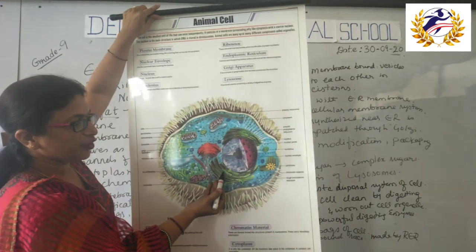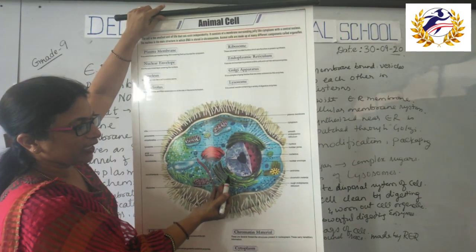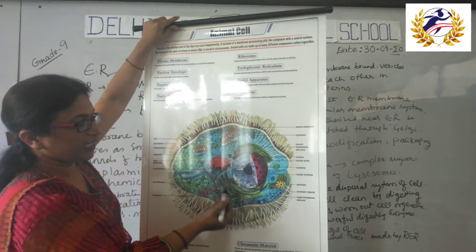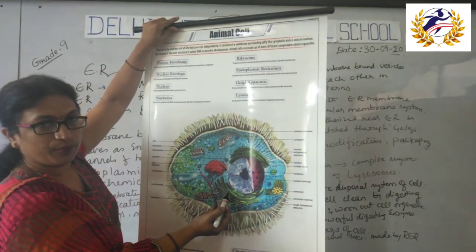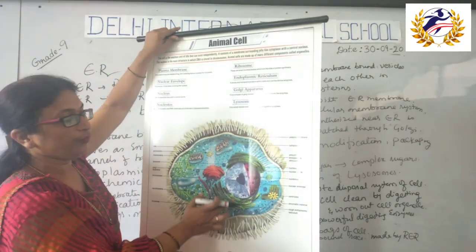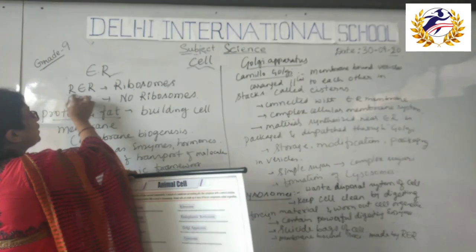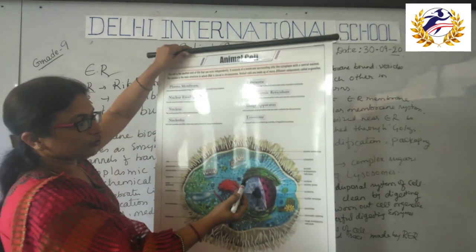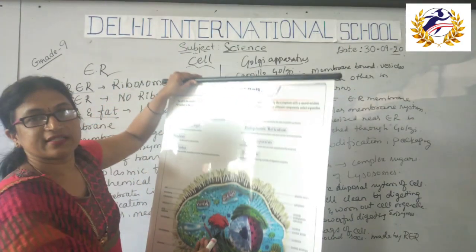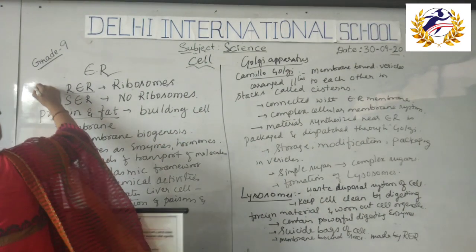One type you can see here, you have white color circular vesicles surrounding it, that is called ribosome. The endoplasmic reticulum, when it has ribosomes, is called the rough endoplasmic reticulum. If it doesn't have any ribosomes on its surface, then it is like this.